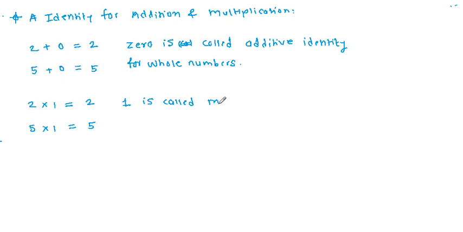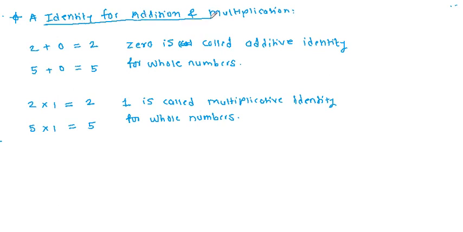So we say 1 is called multiplicative identity for multiplication. So by using this property we can solve examples in a very easy way.